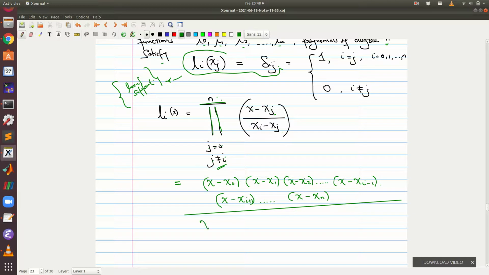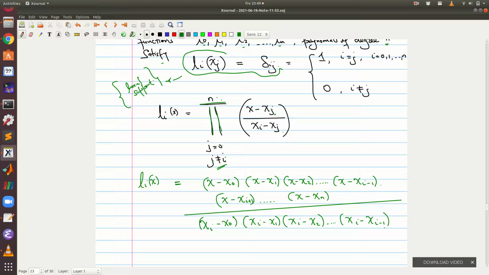So we simply write down the same thing, which is xi. Remember here we have Li of x, so we have xi minus x naught, then we have xi minus x1. We are writing exactly what we have up there, but we are replacing the x with xi, so minus x2 and so on, xi minus x(i minus 1).